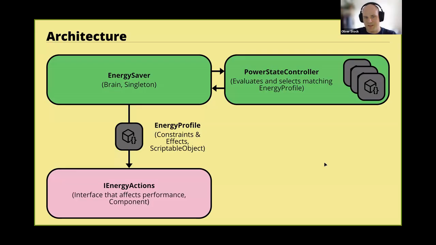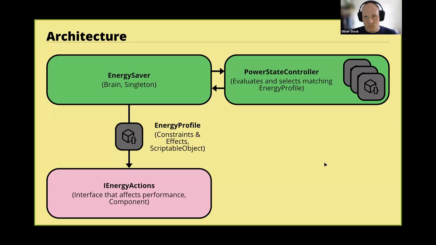So to recap, we have a game object in our scene with one Energy Saver script on it. The Energy Saver has its own class called Power State Controller, which it's constantly talking to. And then on the Energy Saver game object, there are different classes that derive from IEnergyAction.